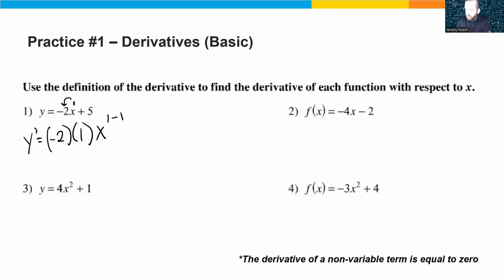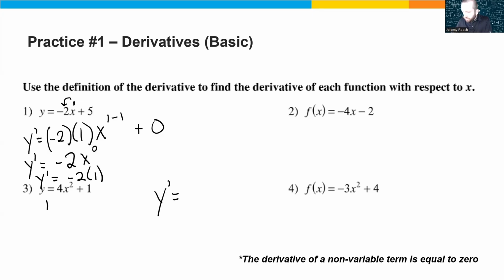If there's no variable, then that term goes away. So this is just going to be plus 0. And you don't have to write the plus 0 if you don't want to. So we write y prime equals negative 2x to the 0. Y prime equals negative 2 times 1.